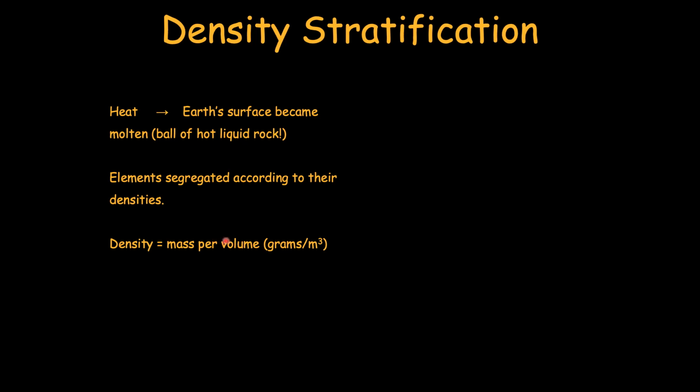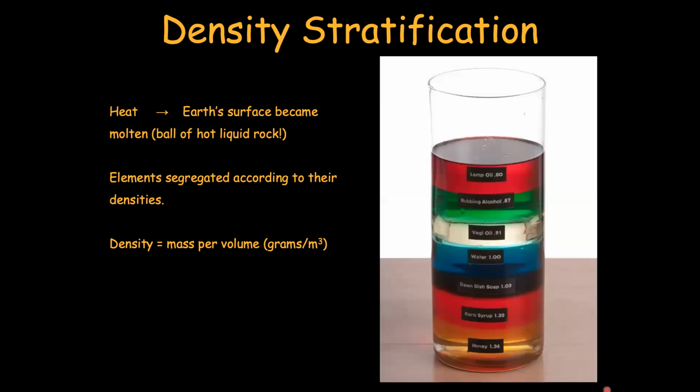Thus the rock is denser than the cork because it has more mass in the same volume. Liquids have density too. This image shows how liquids of different densities settle down in a cup. The liquids with highest densities, in this case honey, will settle on the bottom of the cup, and the liquids with the lowest densities will settle on the top.